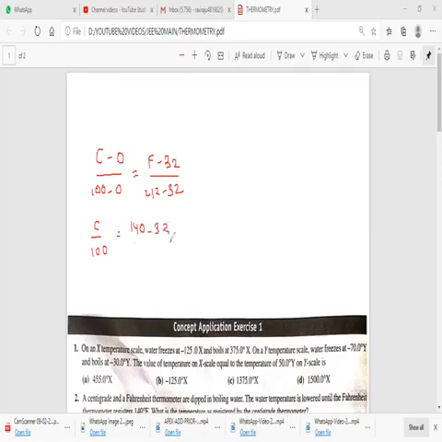So 140 minus 32 by 212 minus 32, which is 180, and this value is 108 by 180. By solving this, C will be equal to 60. You will get the answer for C, that is 60 degree Celsius. This is the answer for the given question, on the centigrade scale. Okay, simple question.